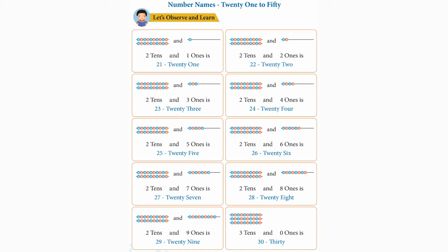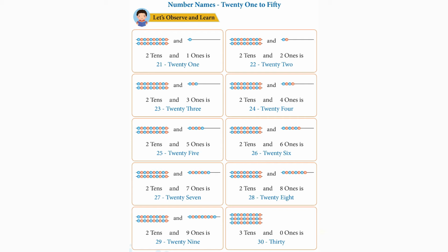Now 26, it is 2 tens and 6 ones. For 27, 2 tens and 7 ones. Very good. Now 28, 2 tens and 8 ones. 29 is 2 tens and 9 ones. And then the last is 30, 3 tens and 0 ones.